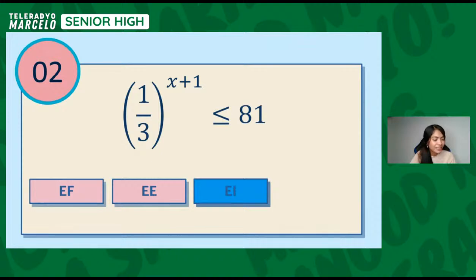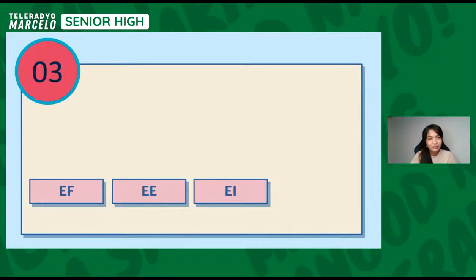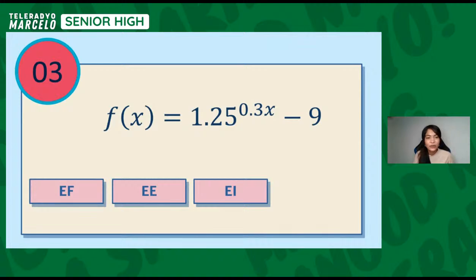Aragona, Ian, Tristan, you are correct. How about number 3? Our given is f of x is equal to 1.25 raised to 0.3x minus 9. Is this EF, EE, or EI? Number 3, is this EF, EE, or EI? Your timer starts now.